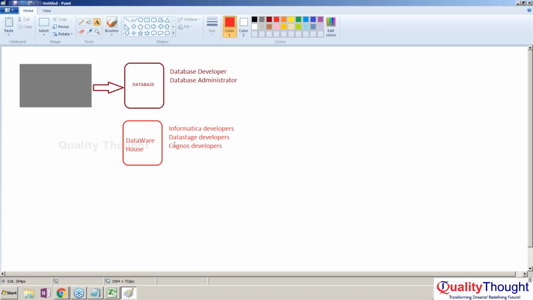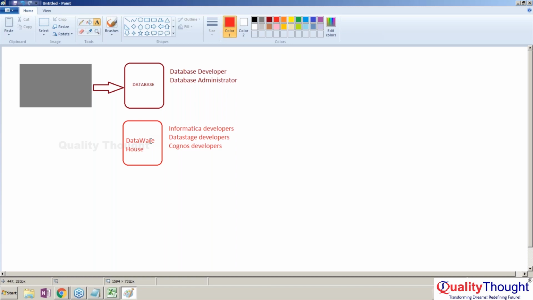Why do I need to use the past data? In order to understand the trends of customers, how the customer is buying my product. In a year, at what time my sales are going down. If I know that, I can implement some offers and make the sales go up.